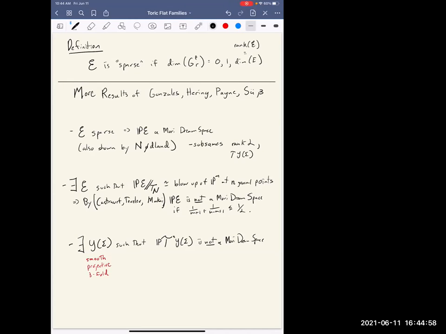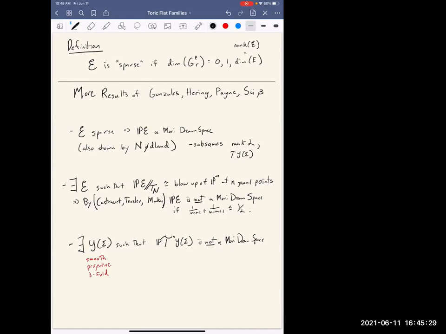This has also been shown last year, I believe, by Nodland using some different techniques. And this class of toric vector bundles subsumes both the rank 2 case and the tangent bundle of a smooth projective variety case. Another nice result of the same authors is that you can find a toric vector bundle whose projectivization has quotient isomorphic to the blow-up of projective space at n general points.